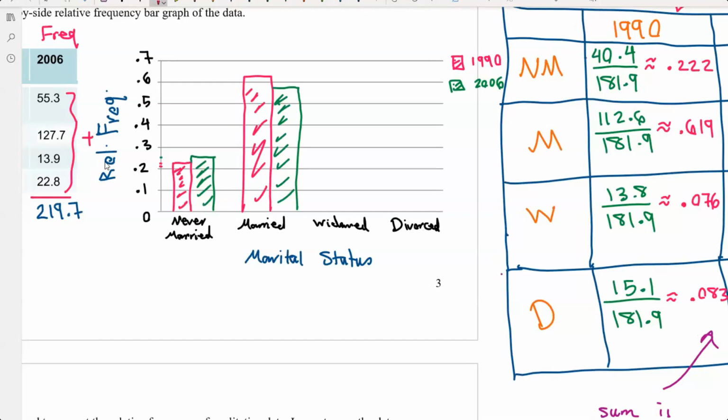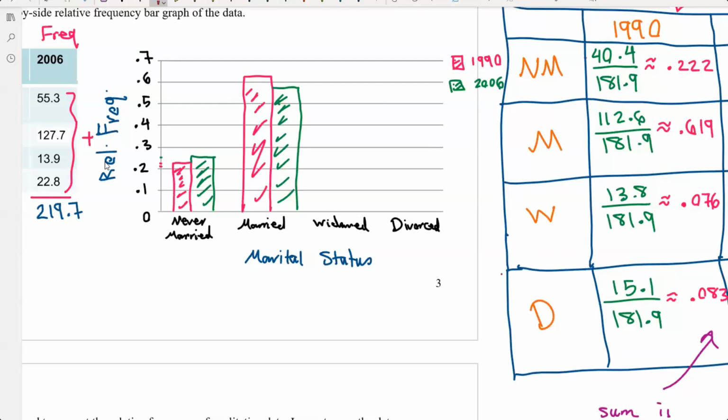Now for widow, this number is, see, this one is 0.08 if I round it, and same thing on this part. So let's draw both of these together, because I don't want to have exactly the same thing. If I use 0.08, we're going to have exactly the same, but that is not correct.